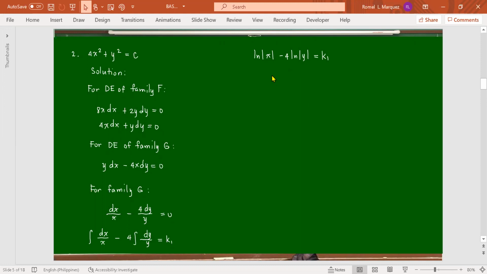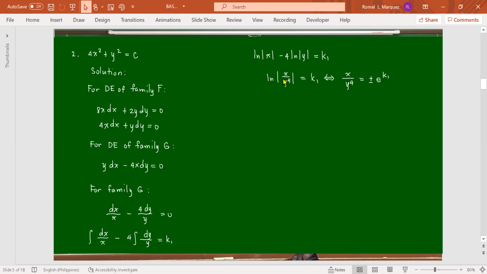Simplifying, we have ln of absolute value of x over y to the 4th equal to k1. Equivalently, x over y to the 4th is equal to plus or minus e to the k1.